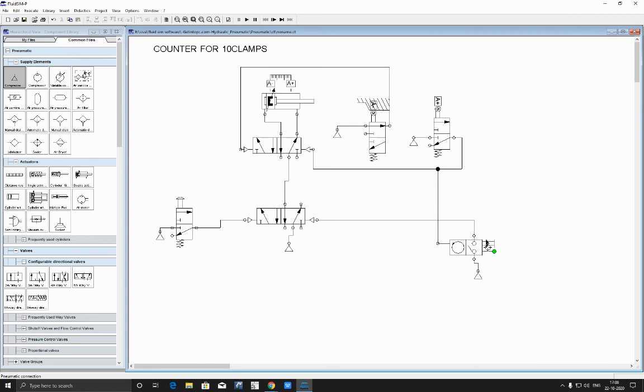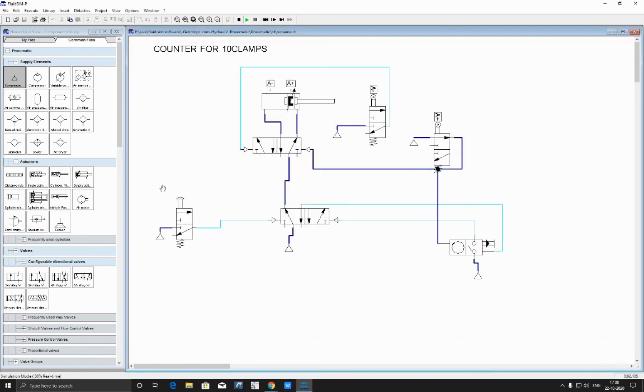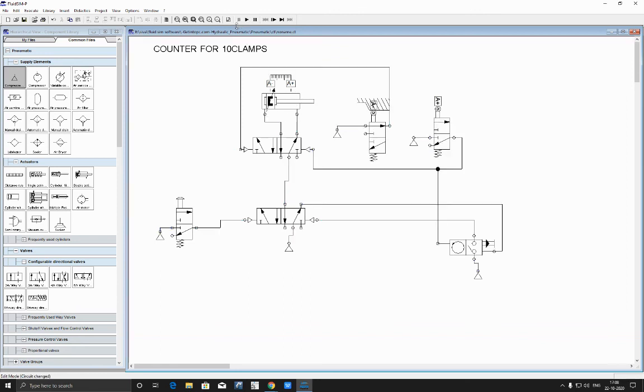Here we have a manual reset button, but we would be using this air to reset our counter. 10 counts have completed. Now it has stopped.